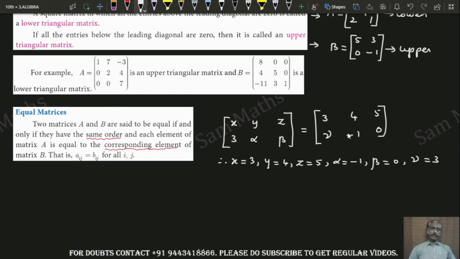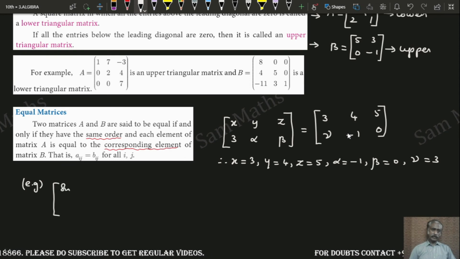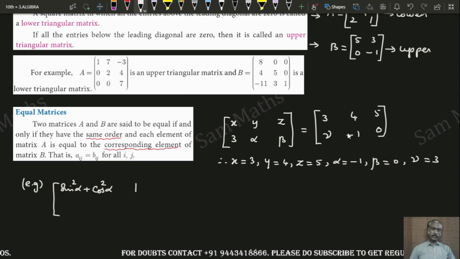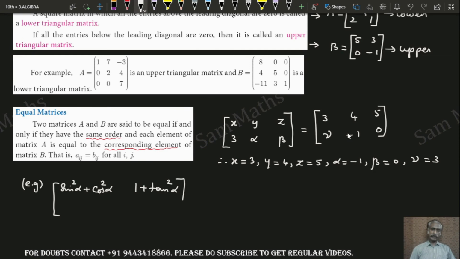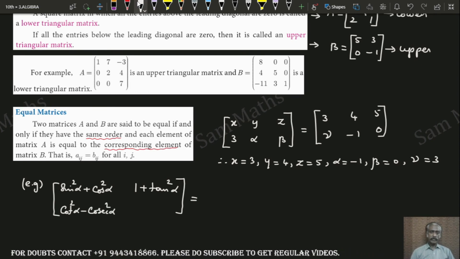Okay, children. Next, here is another example I am giving. Sin square alpha plus cos square alpha, 1 plus tan square alpha, cot square alpha minus cosecant square alpha, then root 2 minus root 2.